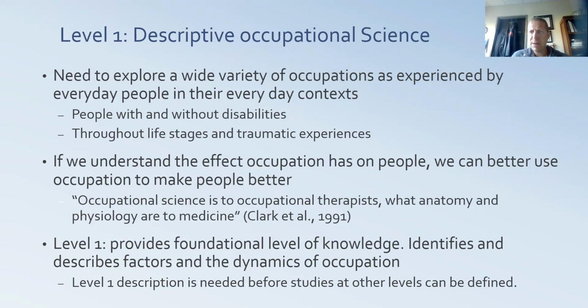And I don't mean to minimize level 1, because it's extremely necessary to have those basic descriptive levels before we can start building upon it with stronger levels of evidence. So we need a lot of descriptive occupational science. We need a lot of level 1 studies. So when we start identifying what those concepts are of occupation, then we can take it to step 2.